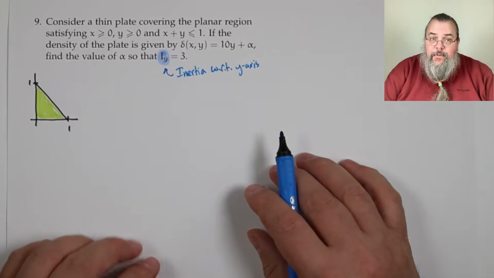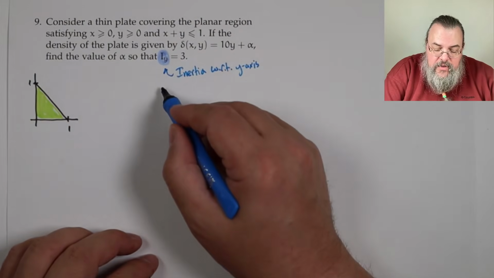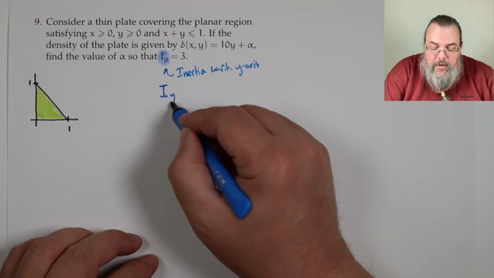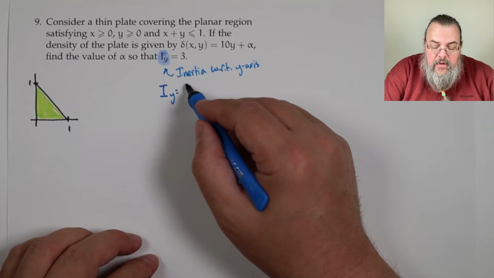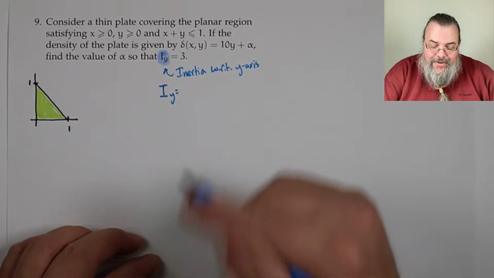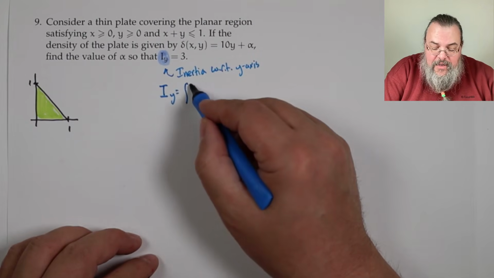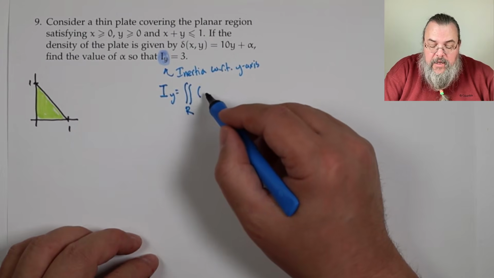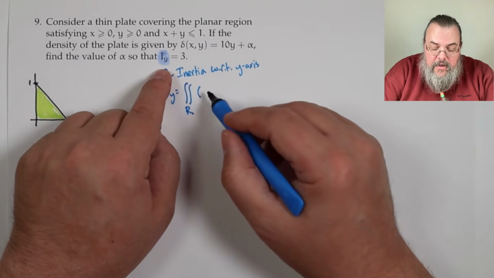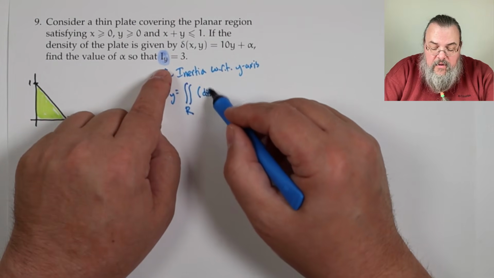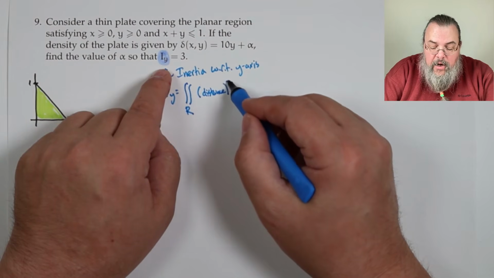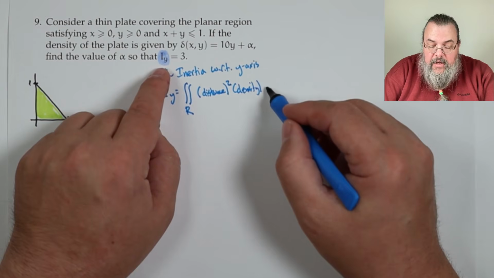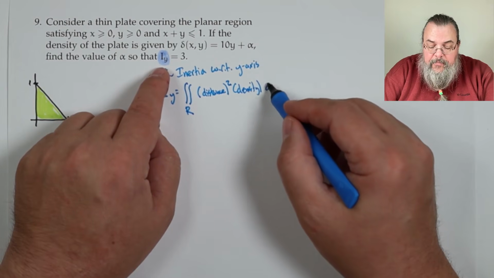So what's the generic formula for inertia? The inertia of something, we'll say y, is the integral, and we're in two dimensions, so we'll write it as a two-dimensional integral over our region of distance squared, density, and dA.